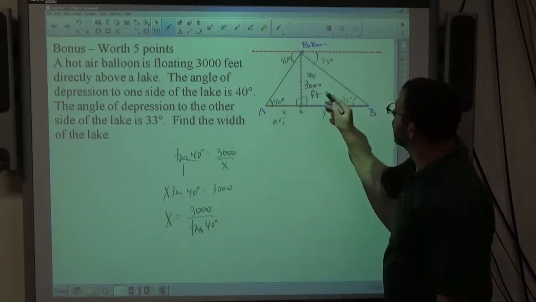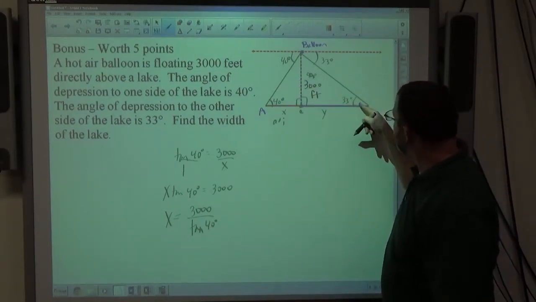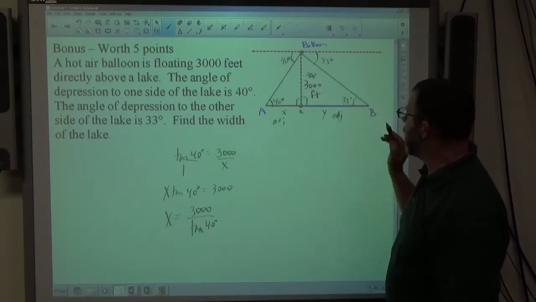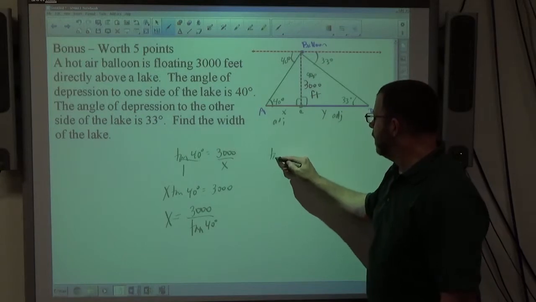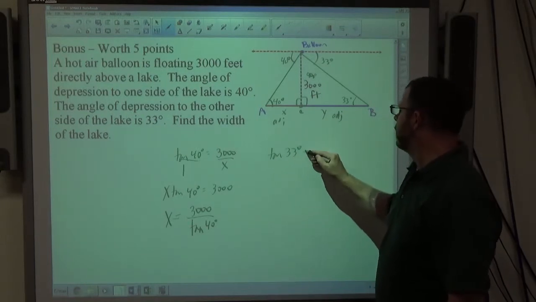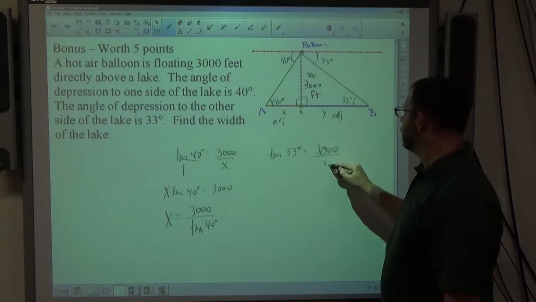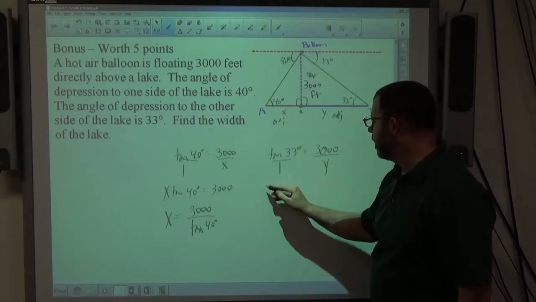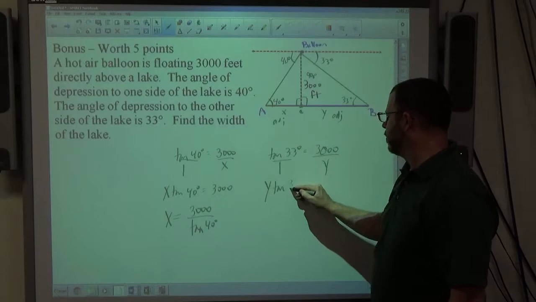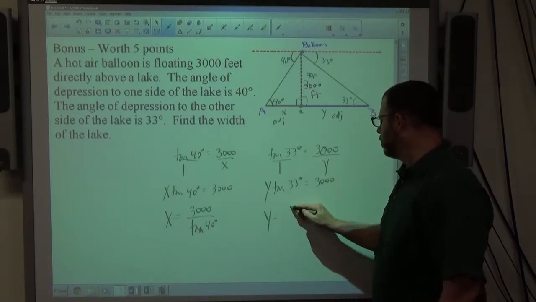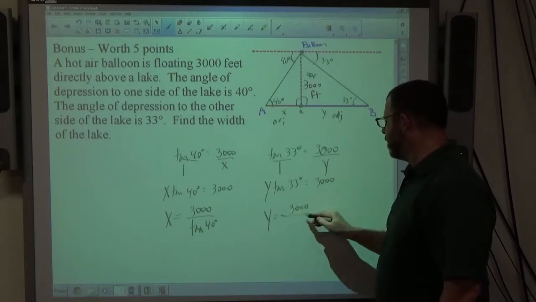Similarly, looking at y, for this angle, this is the opposite, y is the adjacent. Same type of math involved here. Tangent of the angle 33 degrees should equal the opposite measure 3,000 over the adjacent y. Cross multiply, y tangent of 33 is equal to 3,000. So y is simply going to be 3,000 over the tangent of 33.